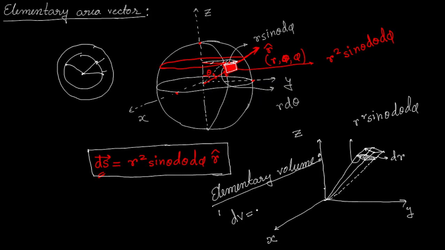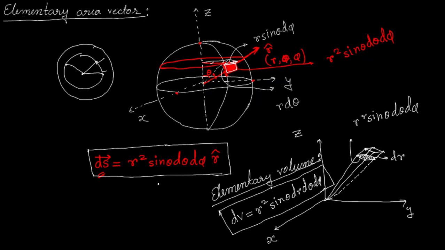So it will give you r square sine theta dr d theta d phi. This will be the elementary volume, r square sine theta dr d theta d phi.